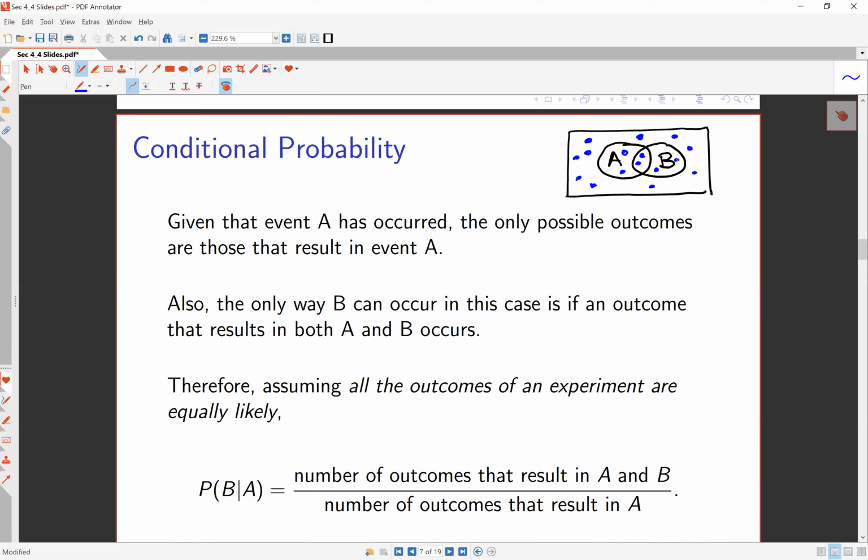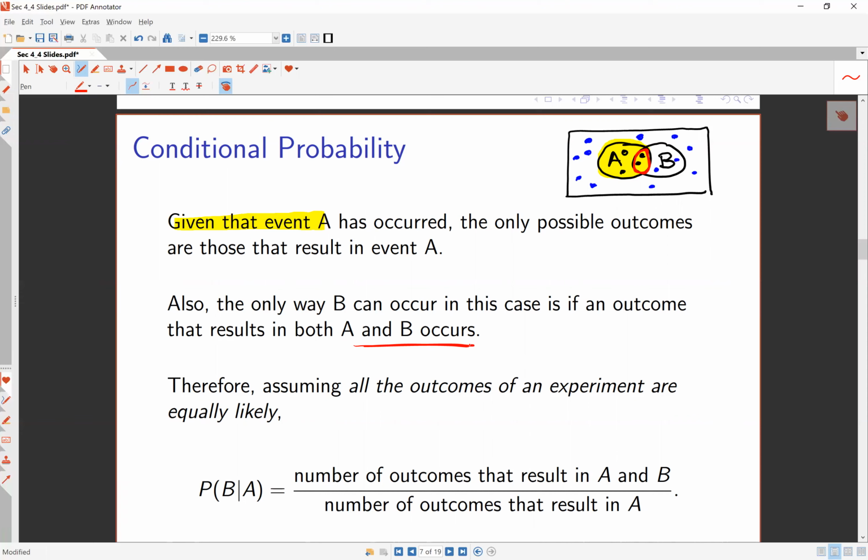And so when I condition on A taking place, given that A has occurred, that means I am now restricting my attention only to event A. And so if I now want to calculate the probability of B, the only part of B that is left is what exists here where A and B overlap. So only the events that are in both A and B, those are the relevant ones in B that I still care about.